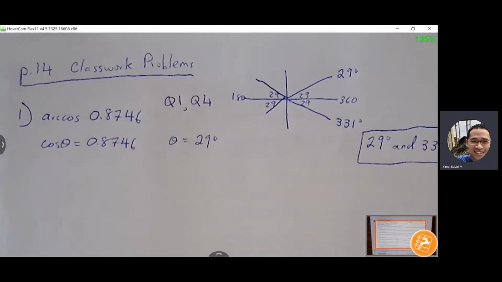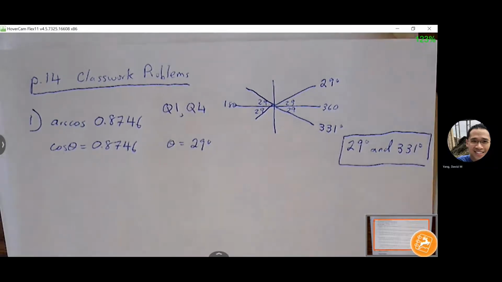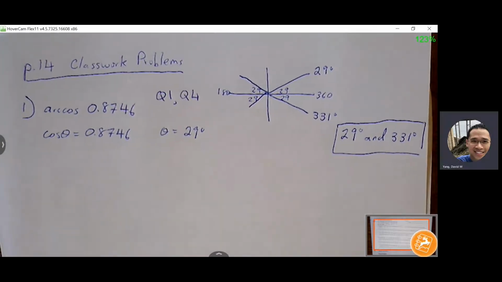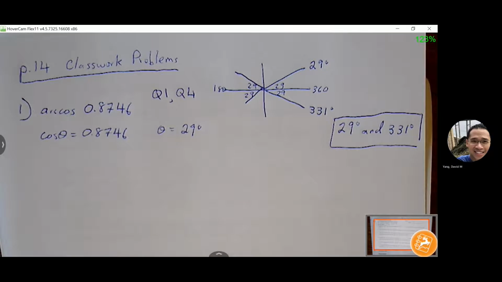I'll show the answers as I go through them. Can you explain how you got to this one?